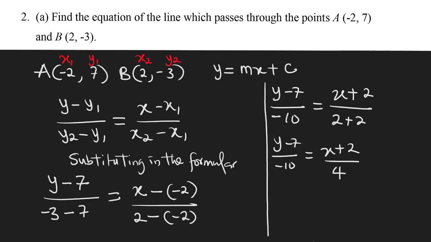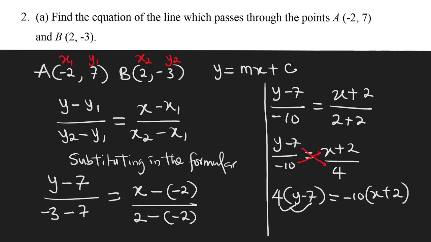So what we're going to do next, whenever you have an equality sign between fractions, you cross multiply. So cross multiply: you have this one multiplied by this and this one multiplied by this. Of course, we're going to have 4 multiplied by y minus 7 is equal to minus 10 multiplied by x plus 2. Can you see? So let's open up the bracket, because 4 multiplied by y and 4 multiplied by 7.